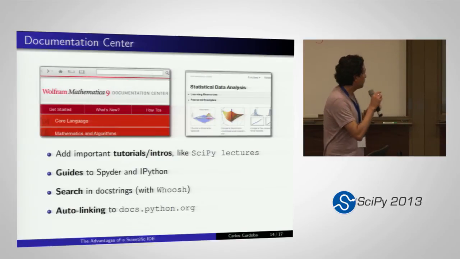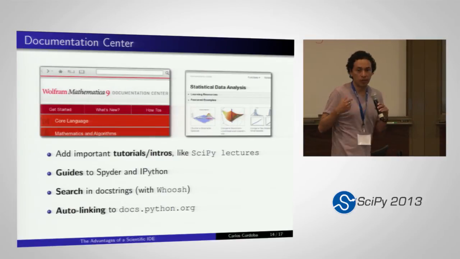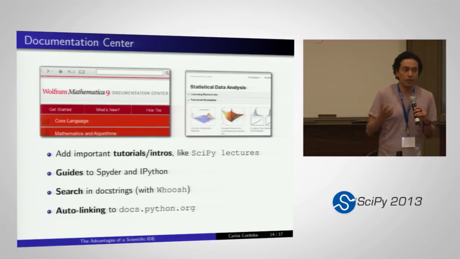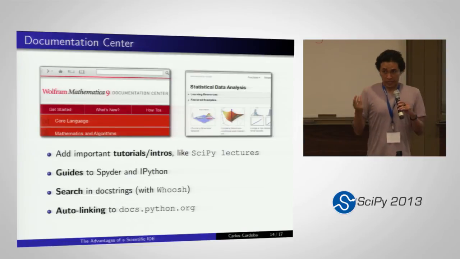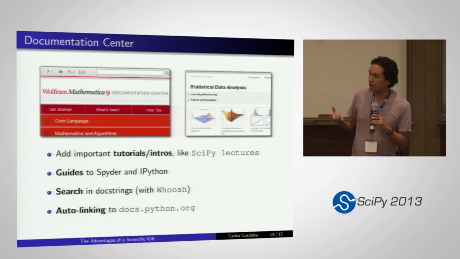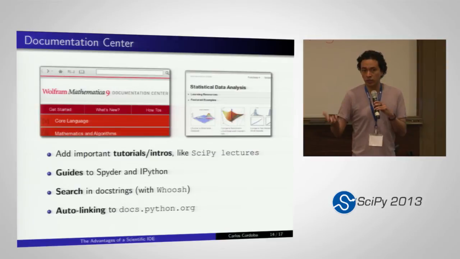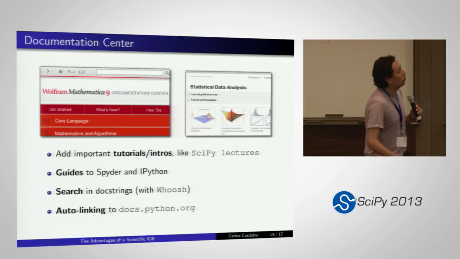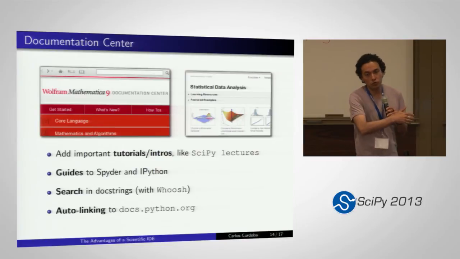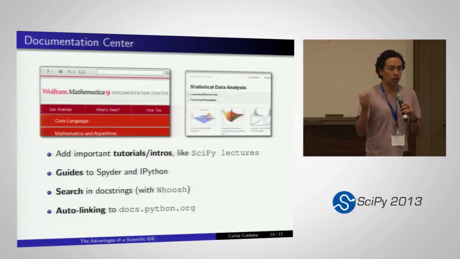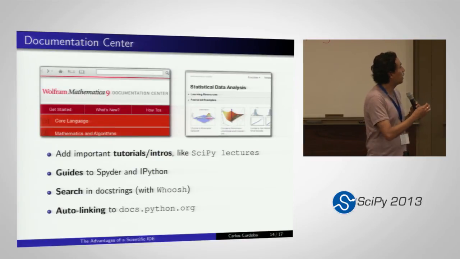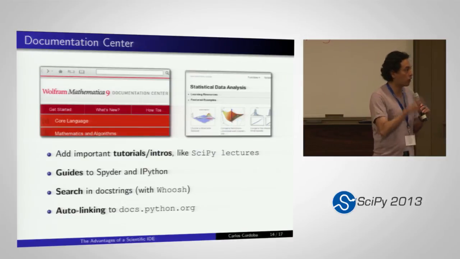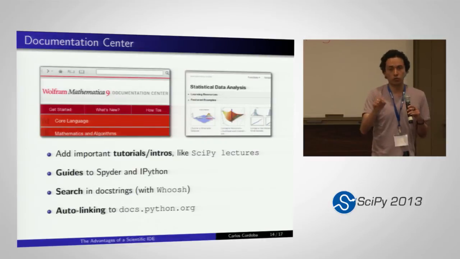And finally, we would like to auto-link to docs.python.org, because the docstrings of the standard library are very short, but the documentation that can be found in docs.python.org is very, very good. So instead of having to go to Google and search for something, we can provide inside our object inspector widget or interactive help widget a way to link to those things.